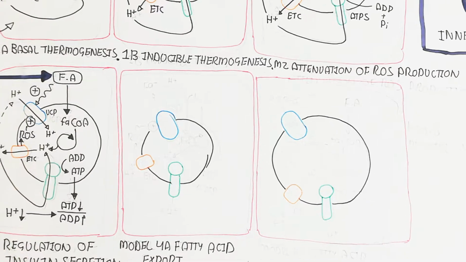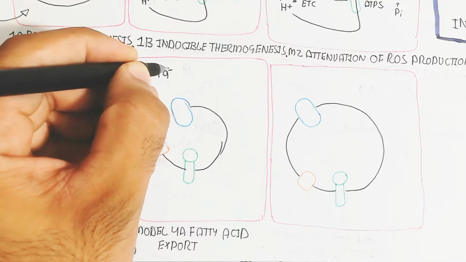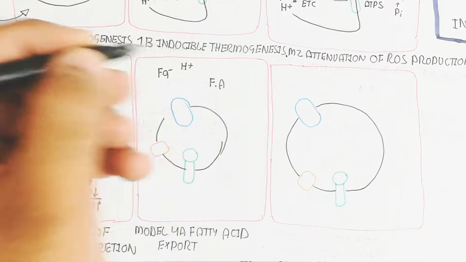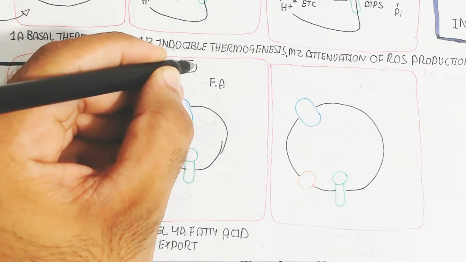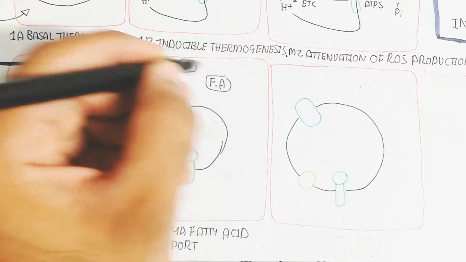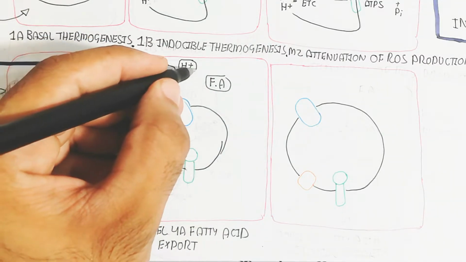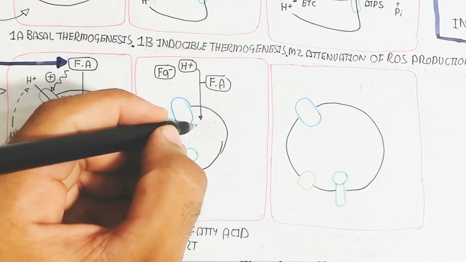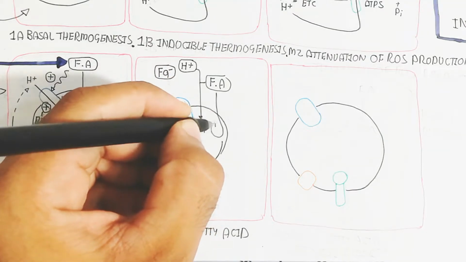On the other hand, here is the model for fatty acid export, which also produces heat. How is it possible? Let's begin to understand. This fatty acid is transported to fatty acyl CoA, and in this way the protons also move inside, and this leads to the production of NADH and FADH2, and the ATP synthase enzyme uses ADP to convert it into ATP.